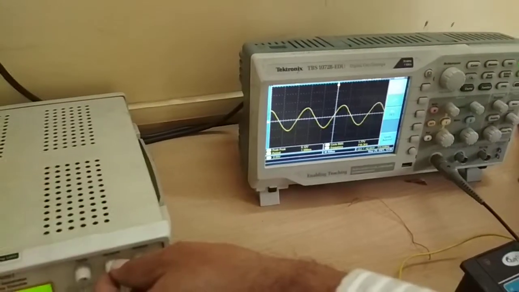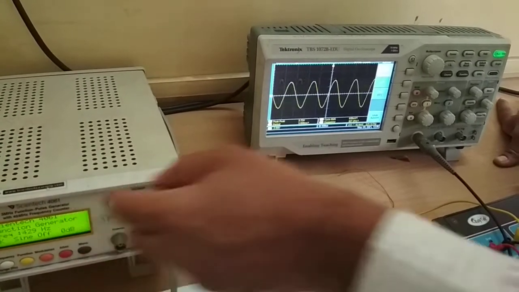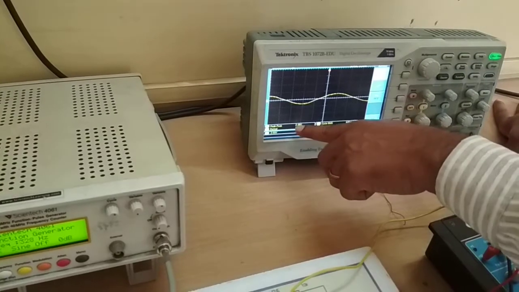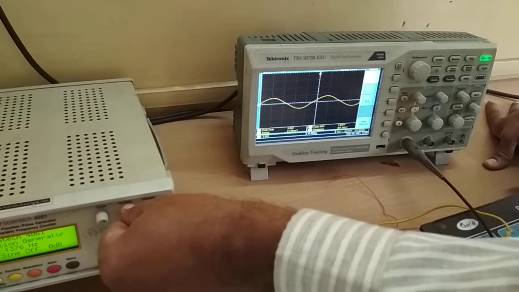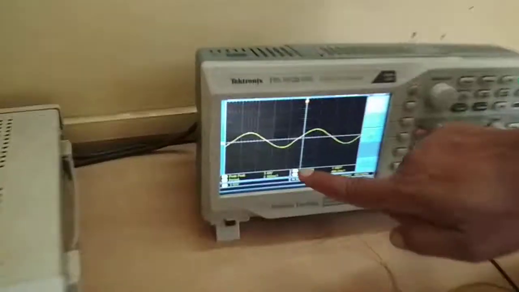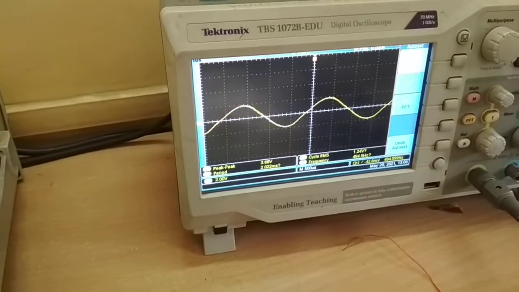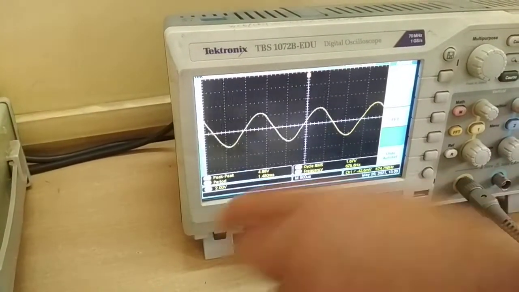For minimum frequency, let's say 300 hertz, the output is 2 volt only. If I increase the frequency, let's say 500 hertz, you can observe the output voltage is increasing as per the frequency response. For 500 hertz, the output is 4 volt.